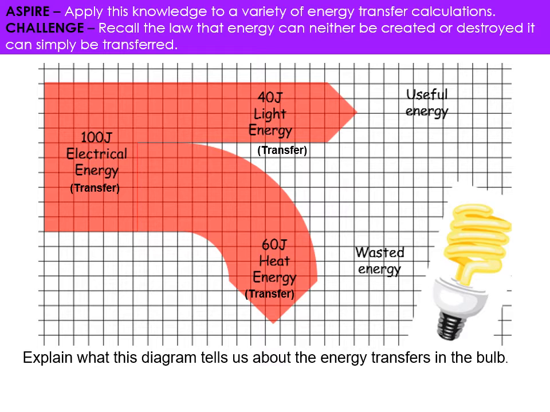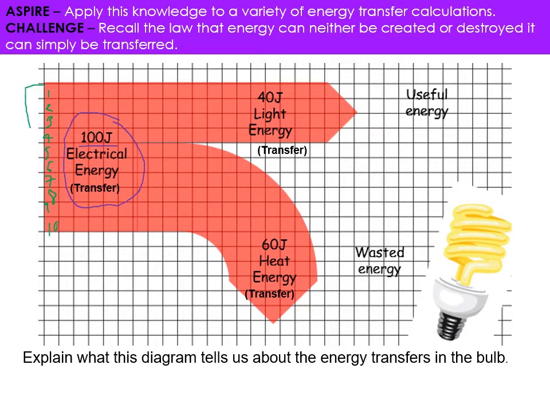Right then, let's have a look. So what we've got, I'll get my trusty pen, is 100 joules of electrical energy. Now, I'm sure you noticed this is 100, and we've got 1, 2, 3, 4, 5, 6, 7, 8, 9, 10.